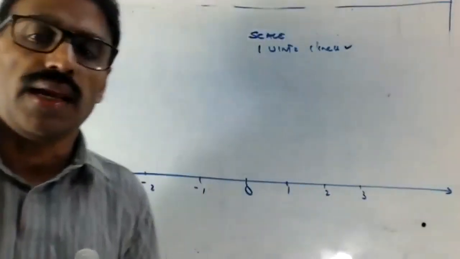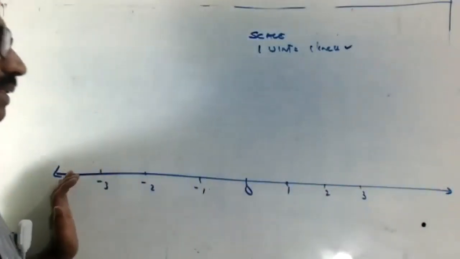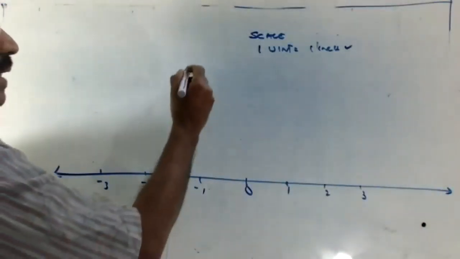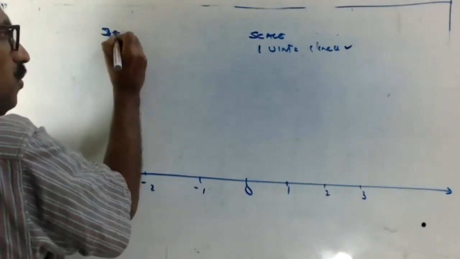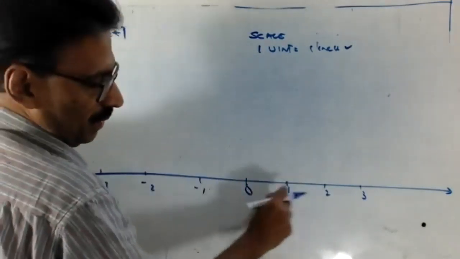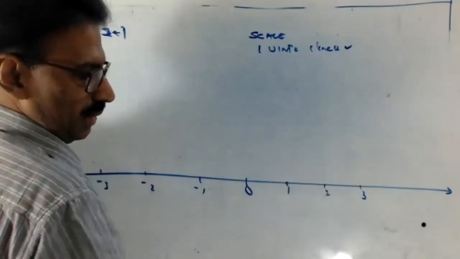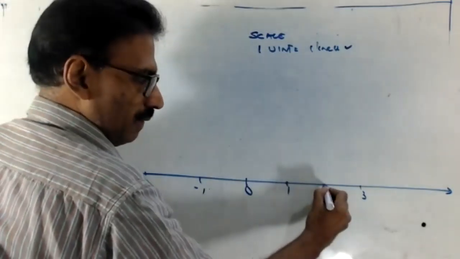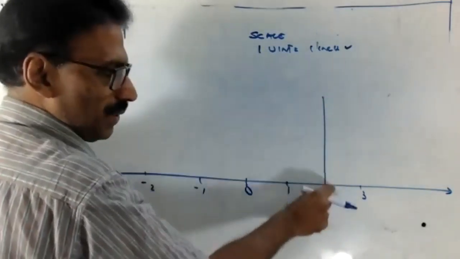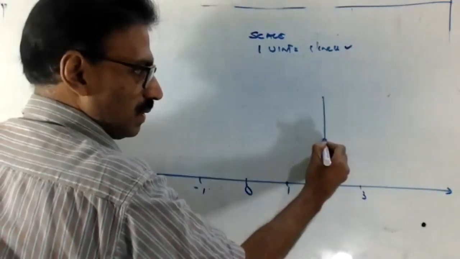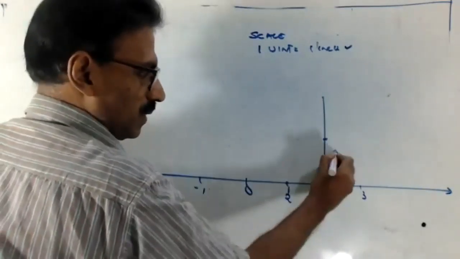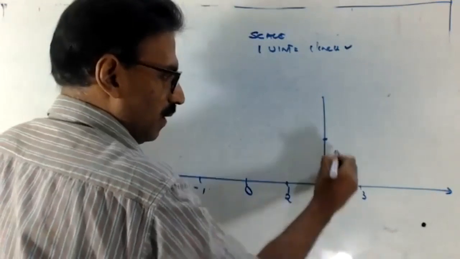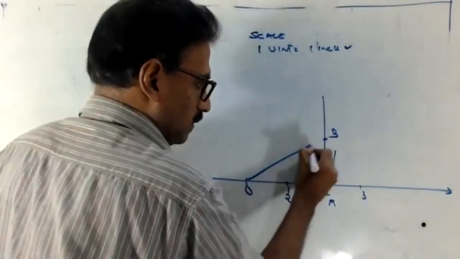When you draw a number line, it should have arrows and numbers. And our plan is 2 plus 1. So take 2 here. Then draw a perpendicular here, a big line. In that, you take 1 inch. So this is 2, here is 1. A here, B here. Join this.